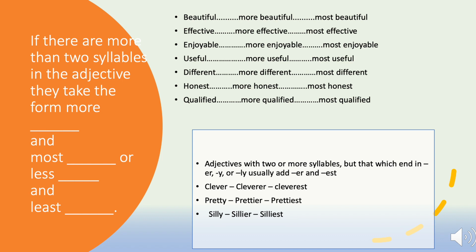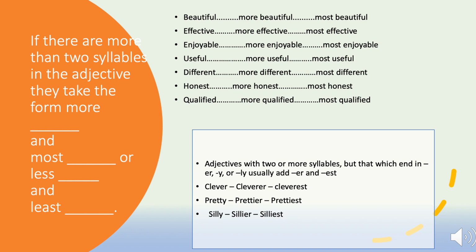Useful, effective, different, honest, qualified, beautiful, intelligent, interesting. All these are adjectives which have two or more syllables. The number of vowel sounds determines the number of syllables in a word. A word like beautiful, for example, has three syllables. Beautiful.